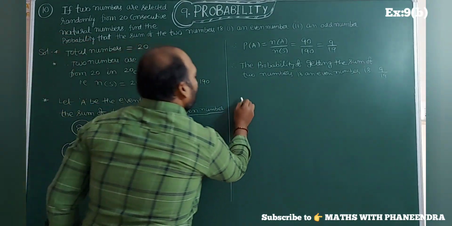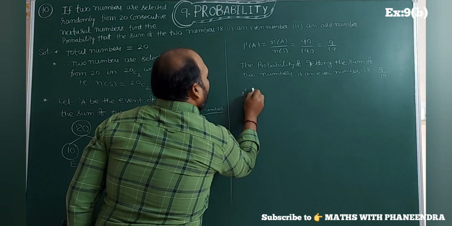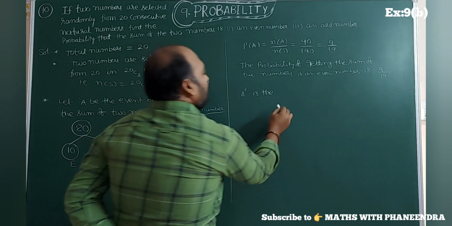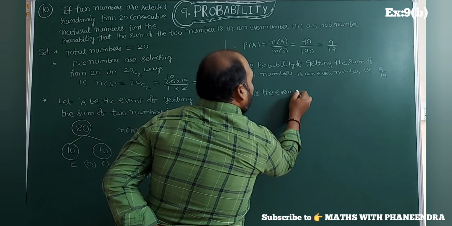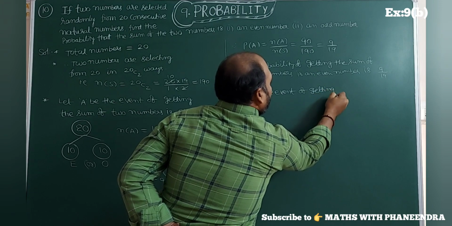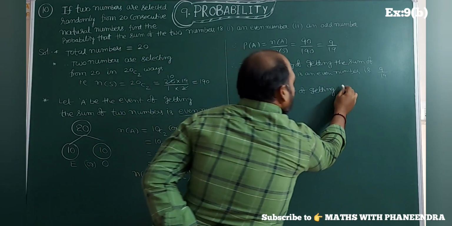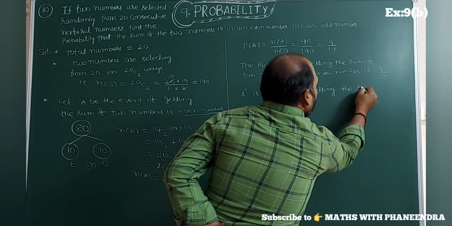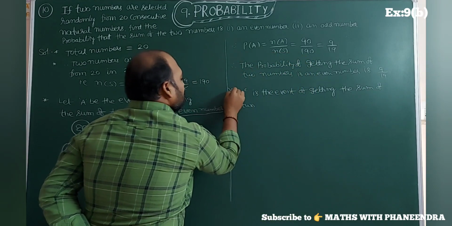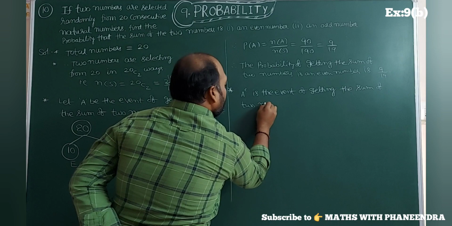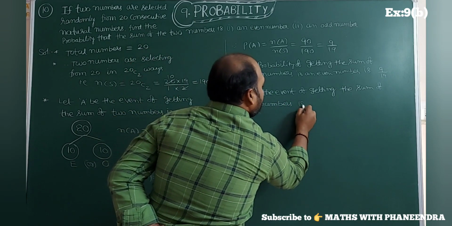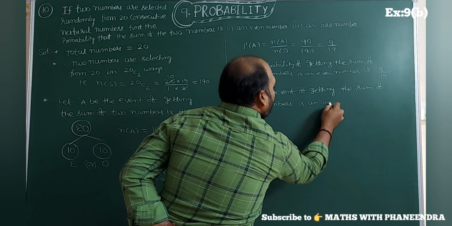Whenever A is the event of getting an even number, the complement of A is obviously an odd number only. So A complement is the event of getting the sum of two numbers as an odd number.